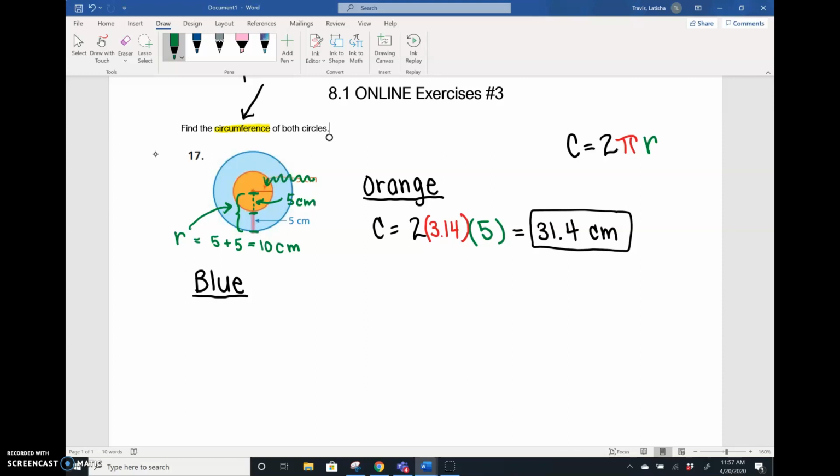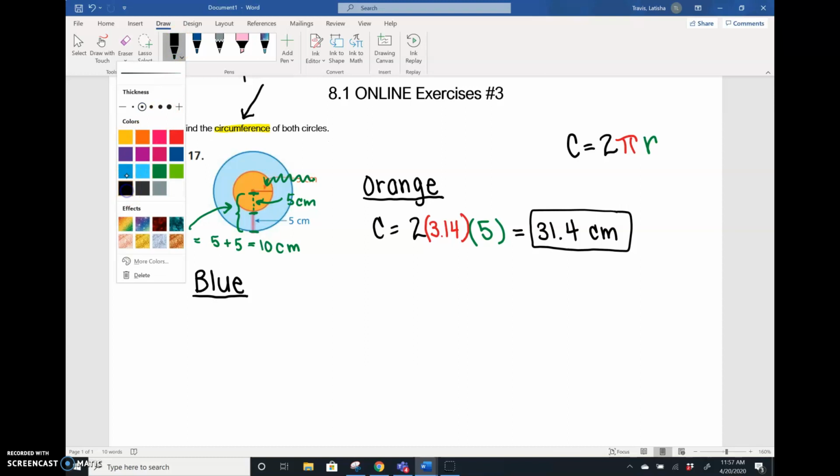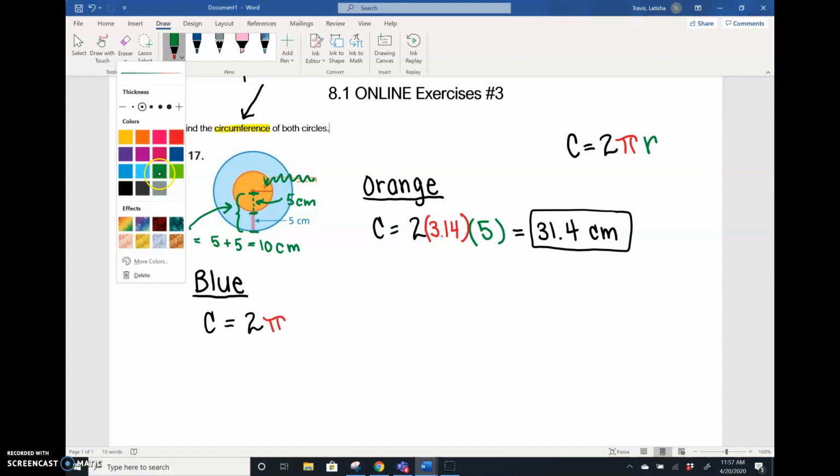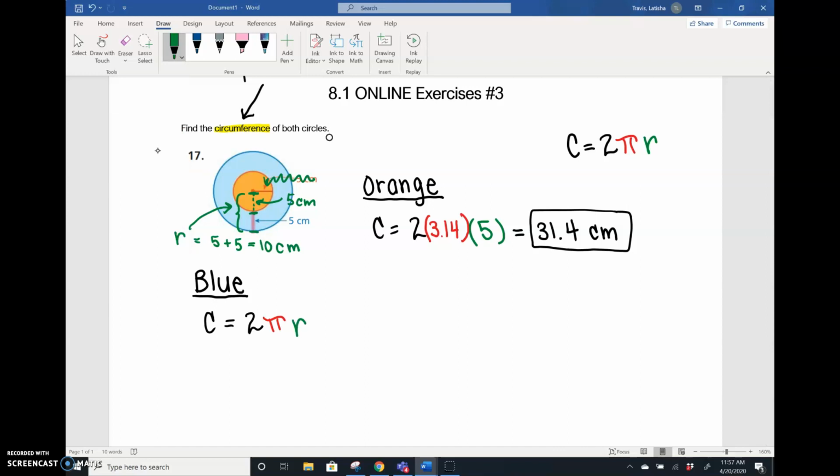All right. So circumference equals 2 times pi times r. We're using this formula for circumference because we know the radius.